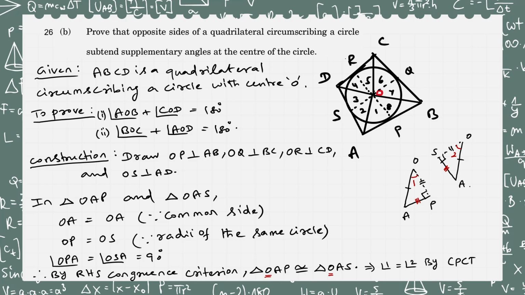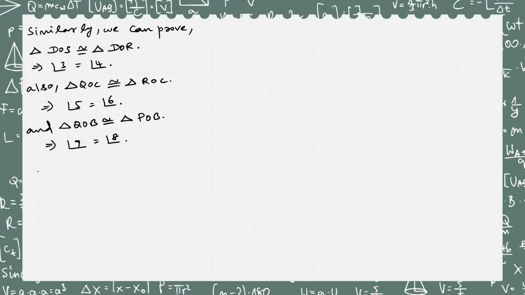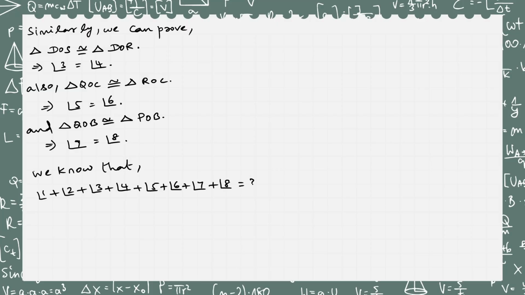So angle 1 plus 2 plus 3 etc. up to 8 should give us 360 degree as the answer. So that's what we have to write now. We know that angle 1 plus angle 2 plus angle 3 plus angle 4 plus angle 5 plus angle 6 plus angle 7 plus angle 8, all of them add up to 360 degree.